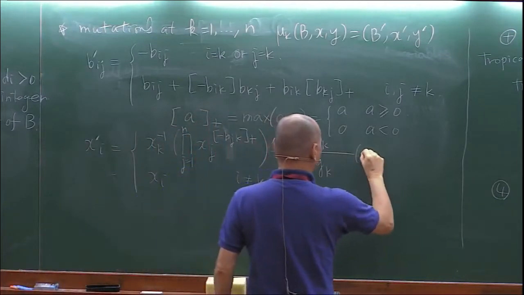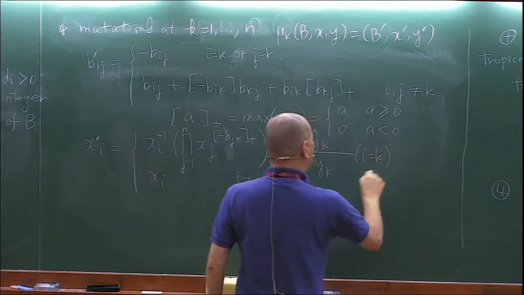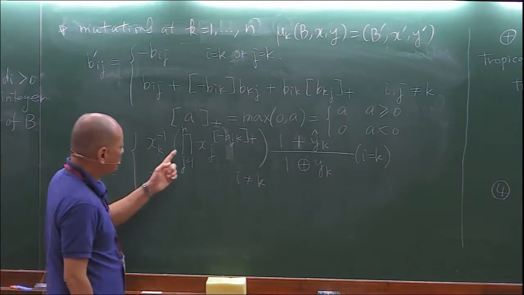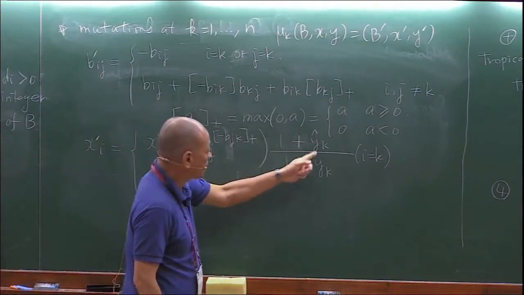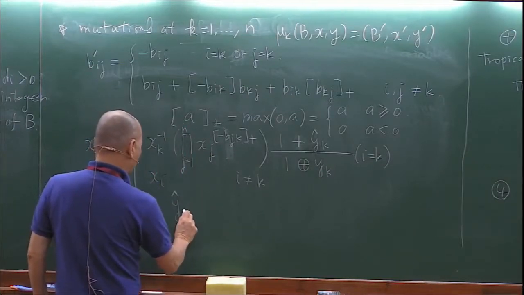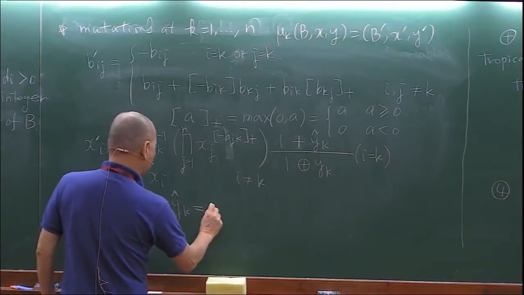These complicated things happen when i is k. I have already explained this notation, and one thing I have to explain is this notation, which is also quite common in cluster algebra.